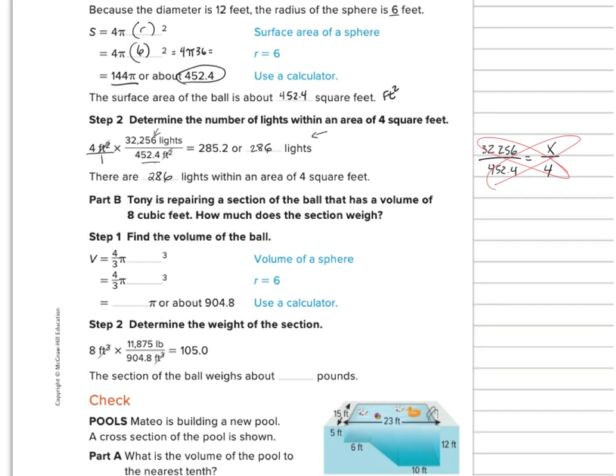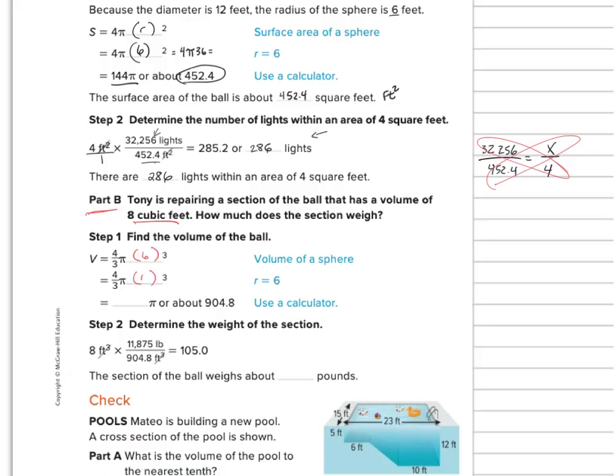And then if Tony is repairing a section of the ball that has the volume of 8 cubic feet, how much does the section weigh? Well, calculating the whole volume again, the radius we said was 6.